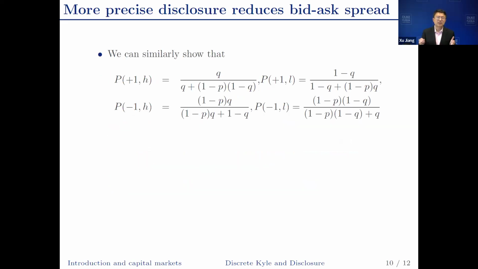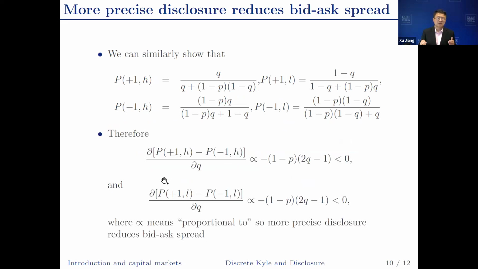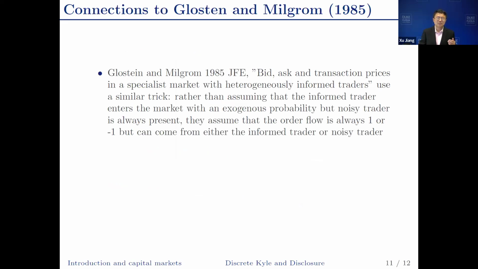And we can similarly show, using Bayes' rule, the price as a function of order flow and realization of the public disclosure. And we can see that conditional on the realization of public disclosure, regardless of whether the public disclosure is H or L, the bid-ask spread is going to decrease as a function of Q, which is the quality of the disclosed signal Y. So a more precise signal reduces bid-ask spread.